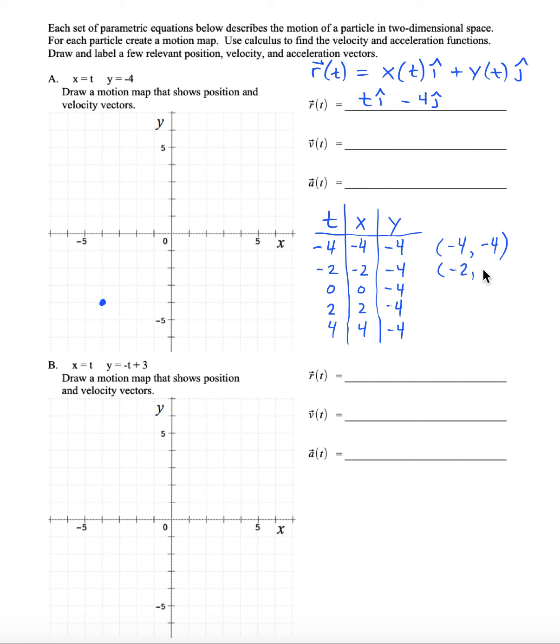We've got -2, -4. We've got 0, -4. 2, -4. And 4, -4.